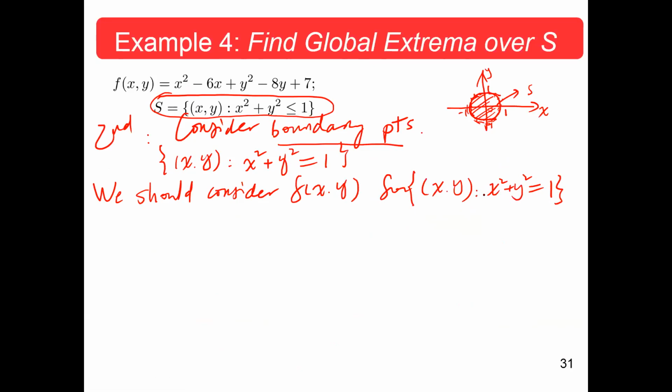Now, this question could actually be solved in the next section when we introduce Lagrange multipliers. We have a systematic way to do these extreme value problems. But over here, we can still do it without that new section. Where do you see x squared plus y squared equals 1? Is there an identity you can recall that has some square plus some square equals 1?